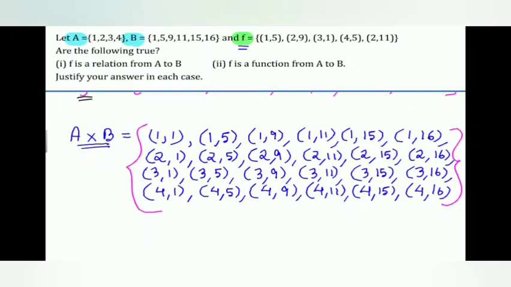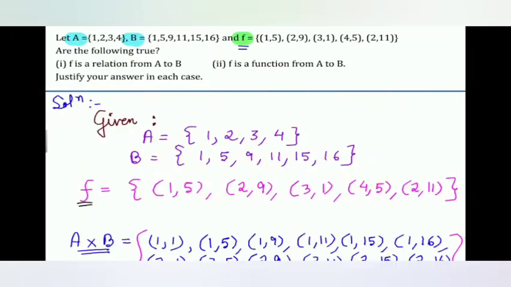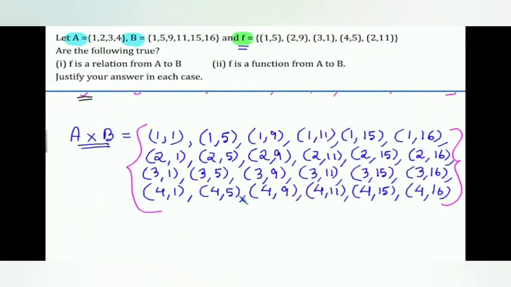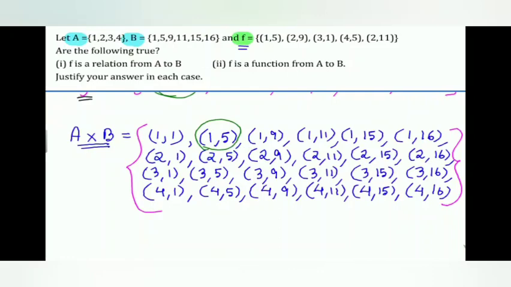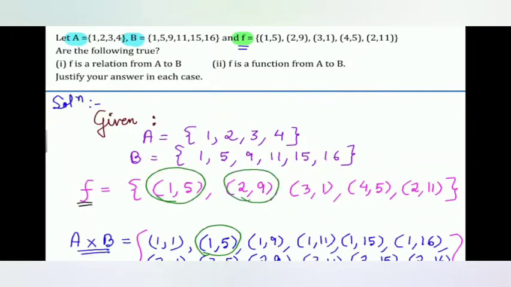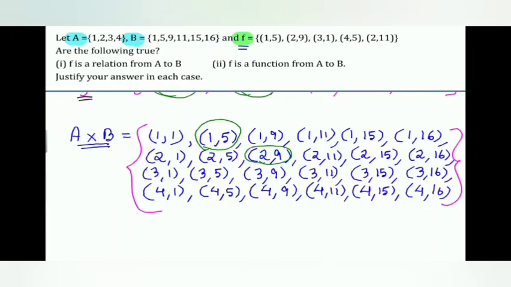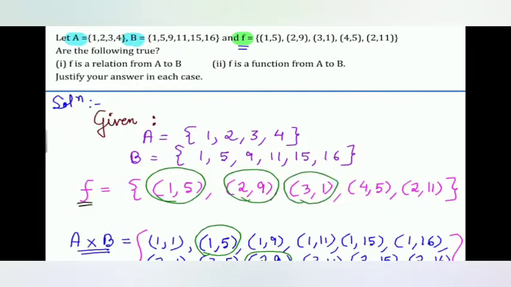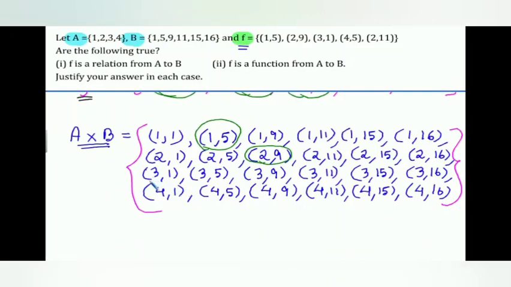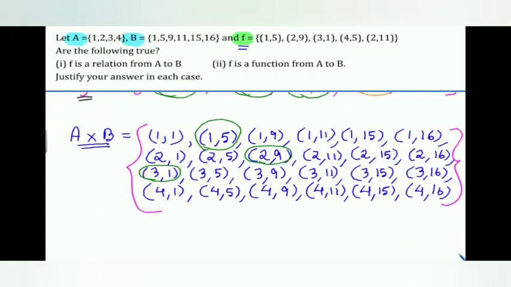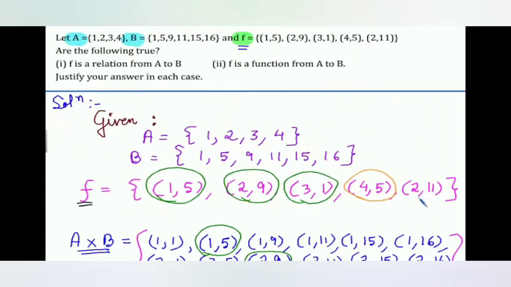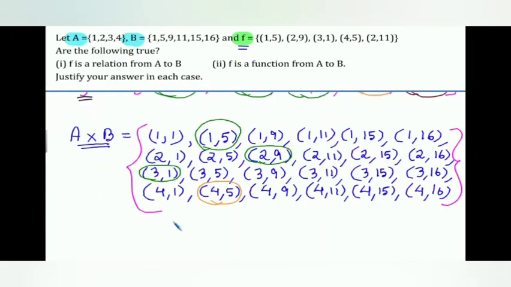So A cross B is equal to all these elements, right? You all know how to find A cross B. So your element (1, 5) is in your relation. Now next element (2, 9) is in your relation. (3, 1) is also in your relation. (4, 5) is also in your relation, and at last (2, 11). So (2, 11) is also in your relation.